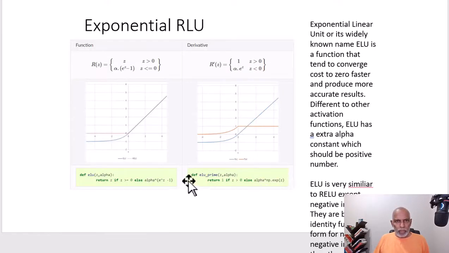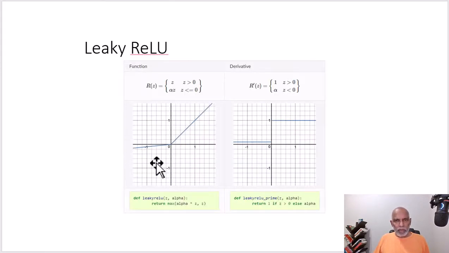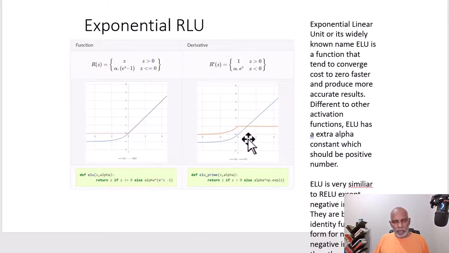The other one I want to introduce is the exponential linear unit, not ReLU. It looks complicated, but the benefit is that it is a very smooth function, not like the previous functions. Sometimes smooth functions are very useful mathematically.